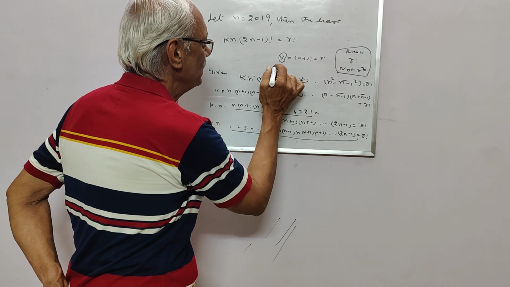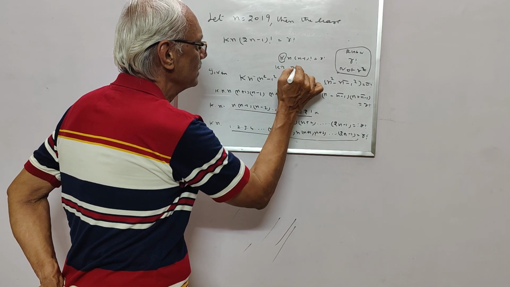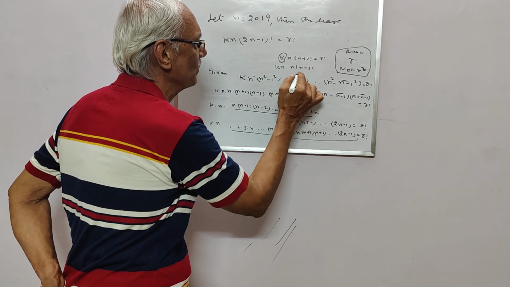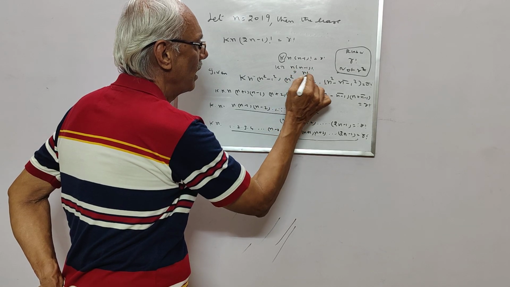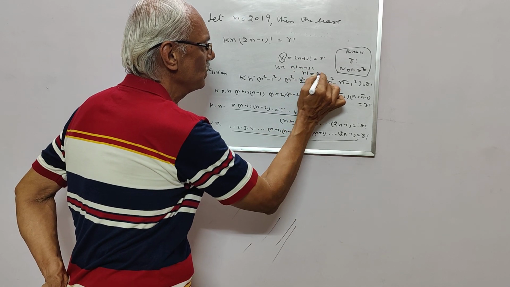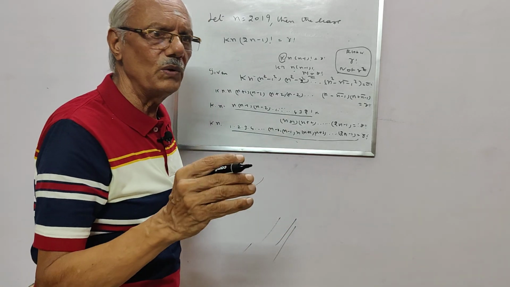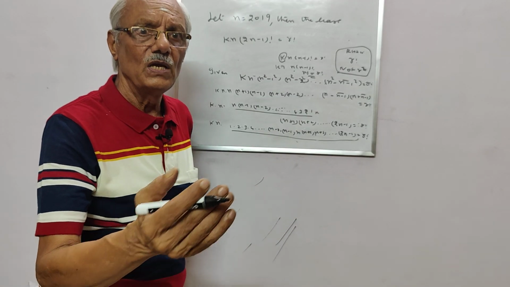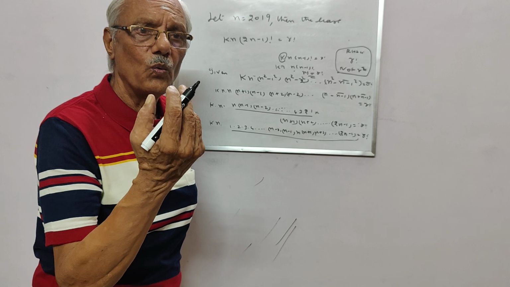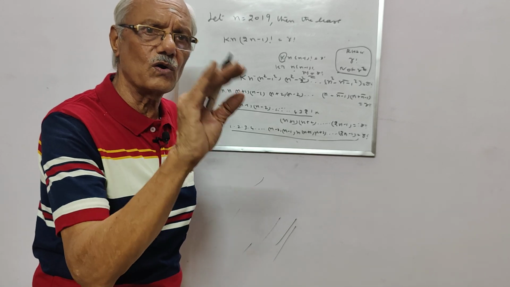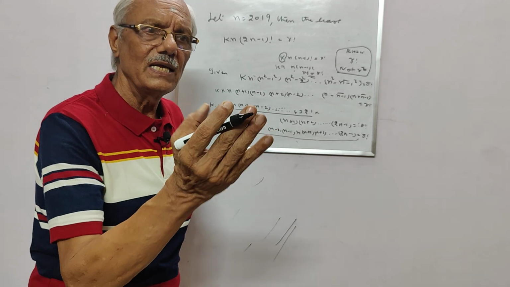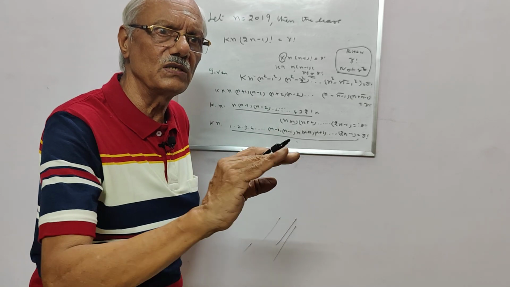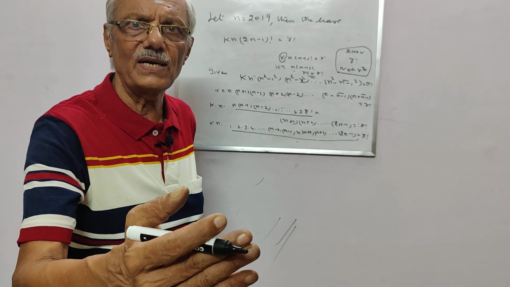When you give k is equal to 1, this will become n into n minus 1 factorial, that is equal to n factorial. So n factorial is equal to r factorial. So you are equating two factorial notations.